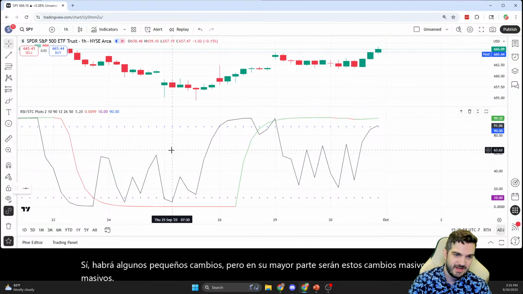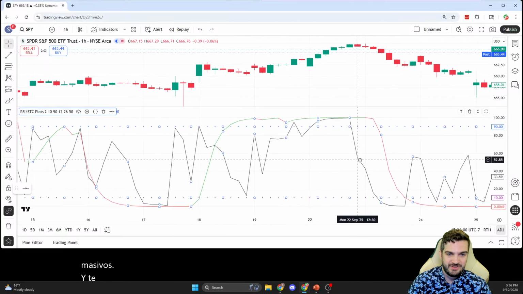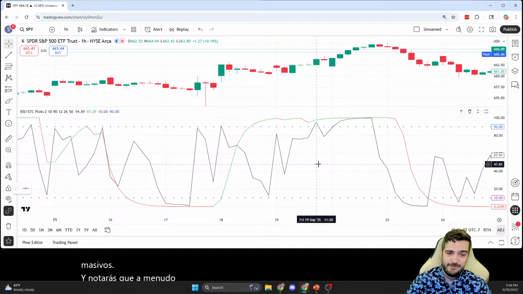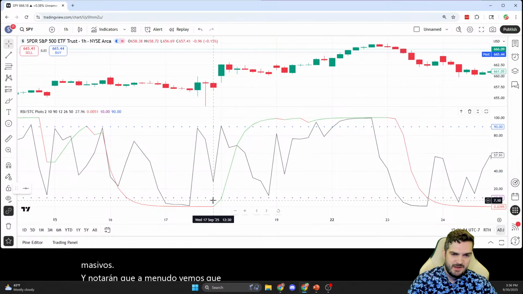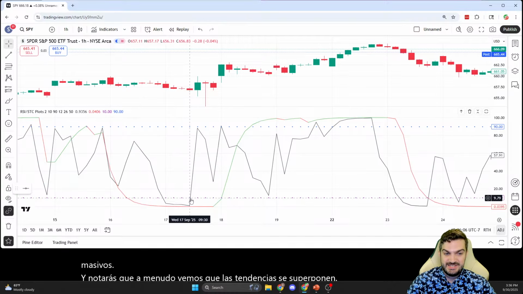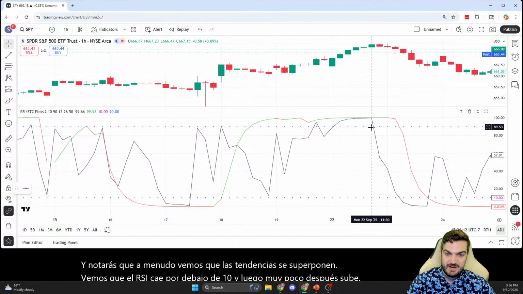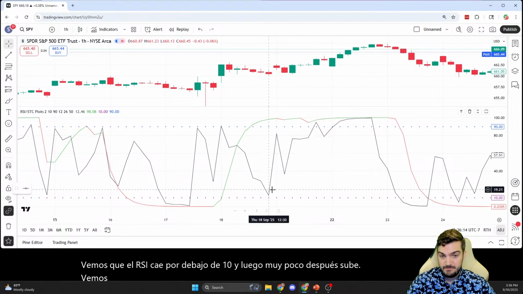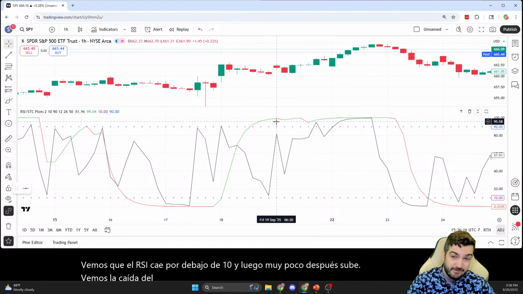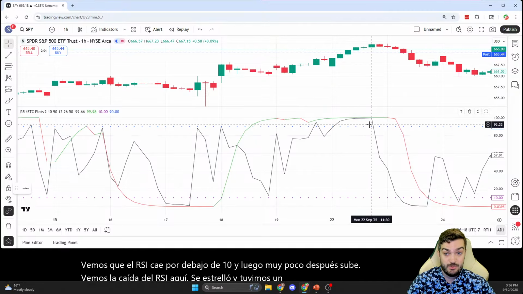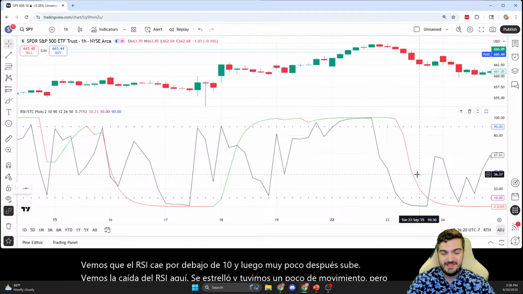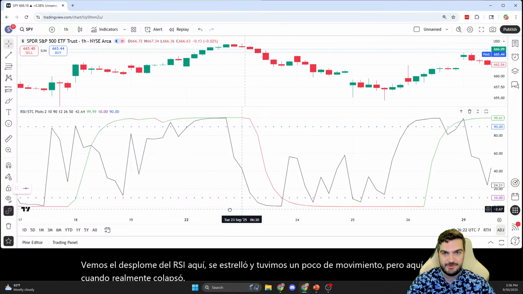And you'll notice that often we see the trends kind of overlapping. We see the RSI dip below 10, and then pretty soon after, it goes up. We see the RSI crash. Here, it crashed and we had a little bit of movement, but here, when it really collapsed, the STC followed soon after.